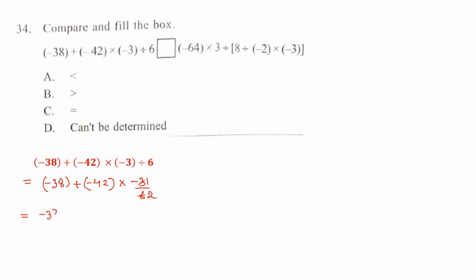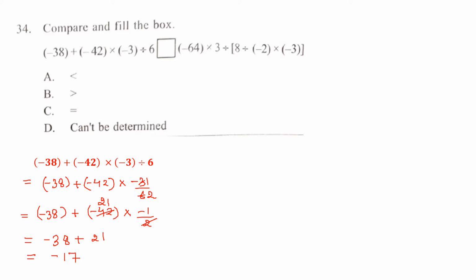Now after that, once division is over, you have to do the multiplication. So here is minus 1 by 2. Now 2 times 21, right? So it will become minus 38, and this minus and minus will become plus. So it will be plus 21. So minus 38 plus 21 will give you the answer as minus 17.